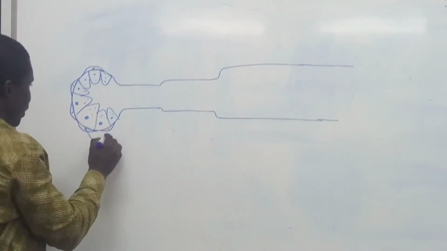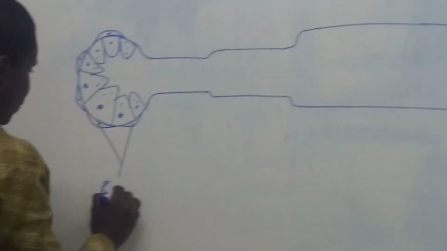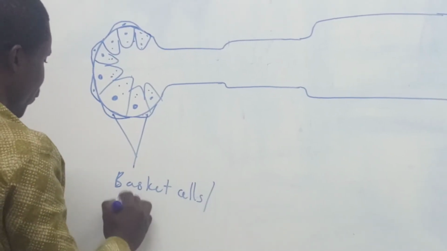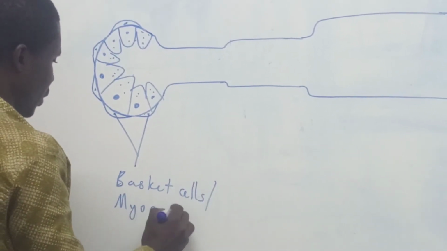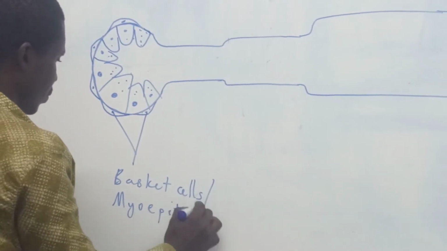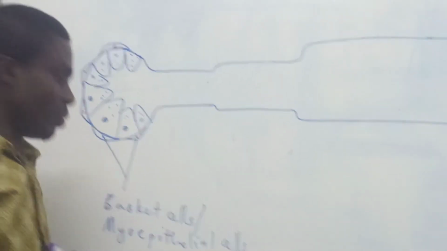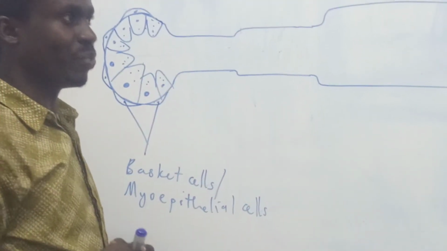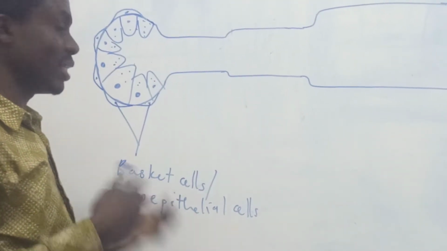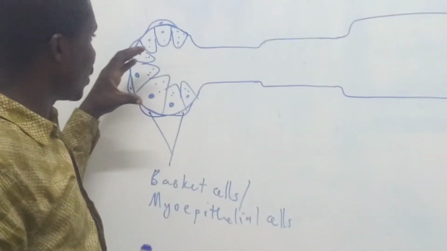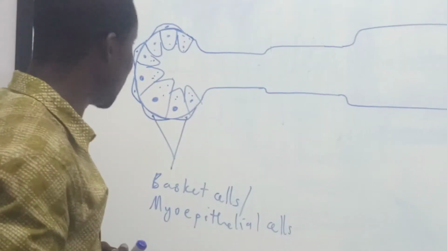These cells are known as basket cells or myoepithelial cells. The word myo indicates muscle property, contractile, because of the actin. So when it contracts, it causes the secretory materials to come out of these secretory units.